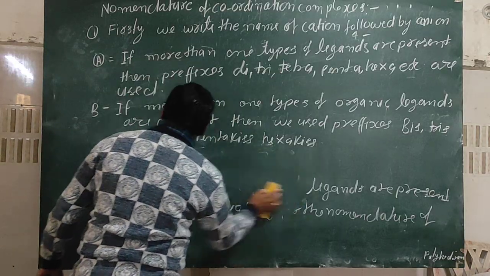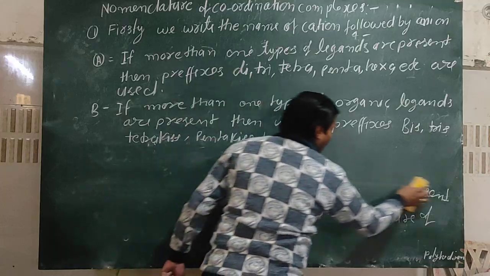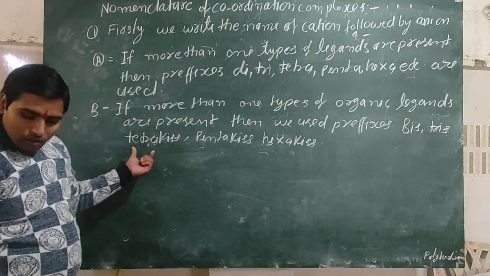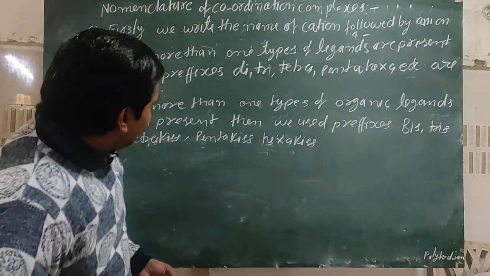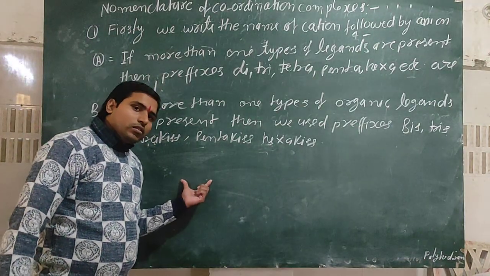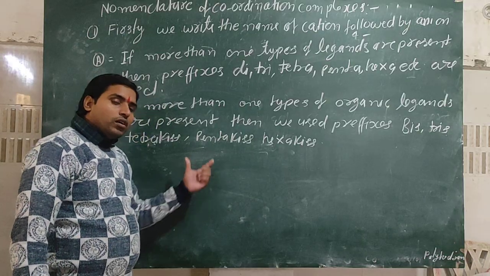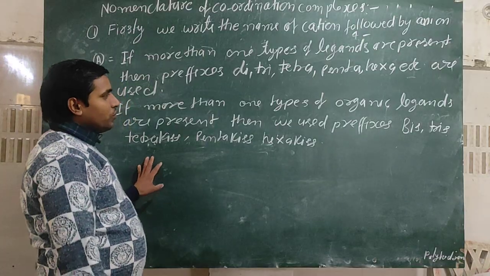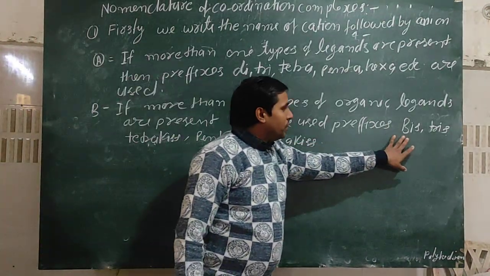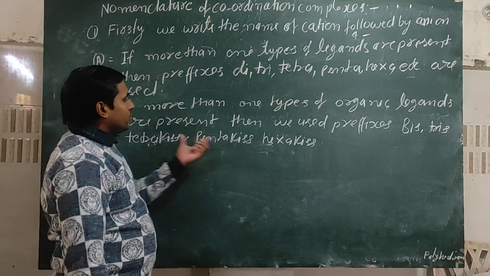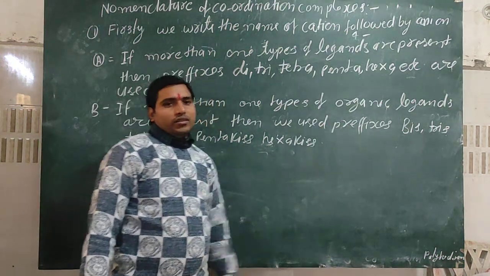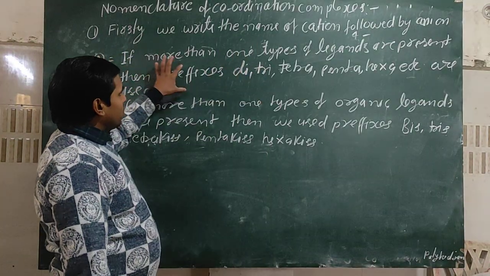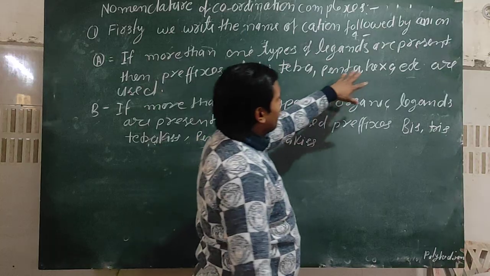Organic ligands means ethylene diamine, ethylene triamine, diethylene triamine, triethylene tetraamine. If these are present in the coordination sphere as ligands, then we use bis, tris, tetrakis, pentakis, hexakis. But if inorganic ligands are present, then we use di, tri, tetra, penta, hexa.